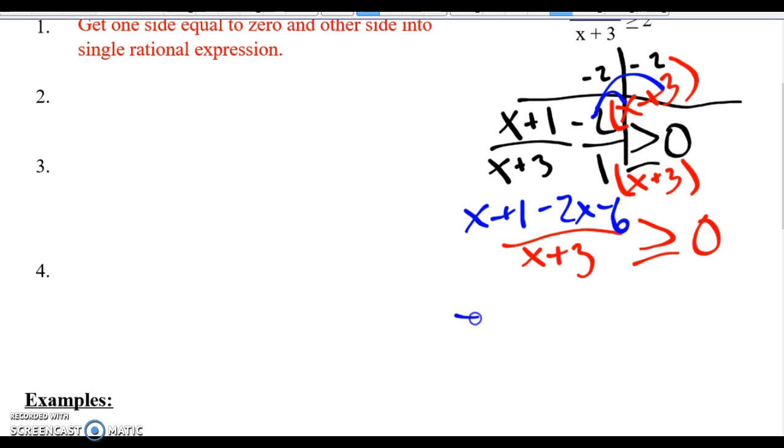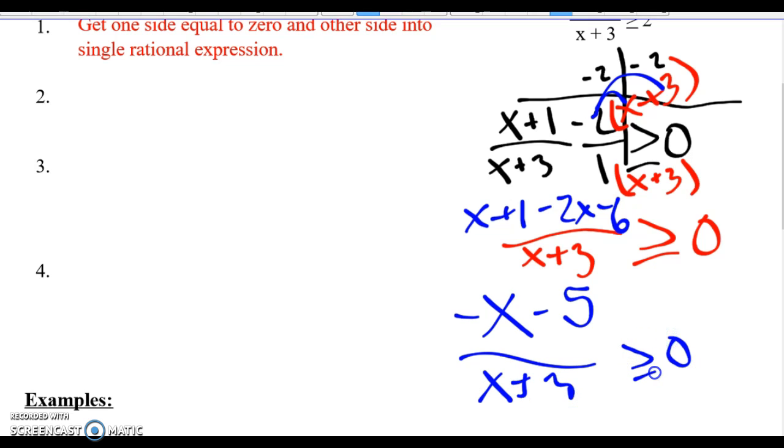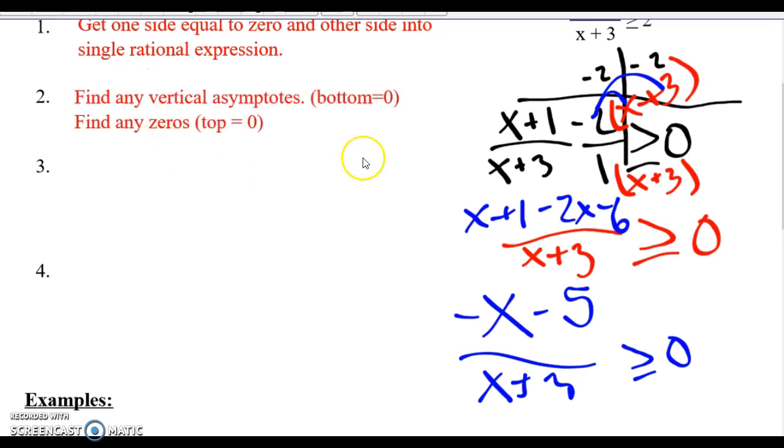Yeah, combine like terms. So I've got (negative x minus 5)/(x + 3). When's that going to be greater than or equal to 0? Well, I got one side equal to 0 and the other side a single rational expression. Now, find any vertical asymptotes and zeros.